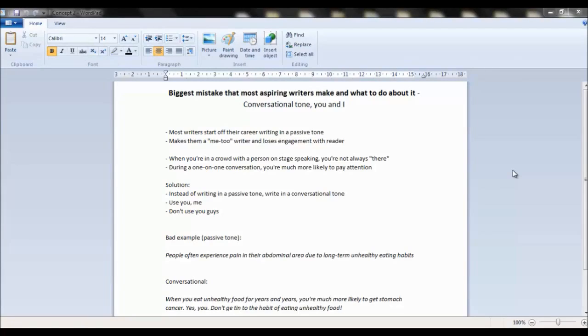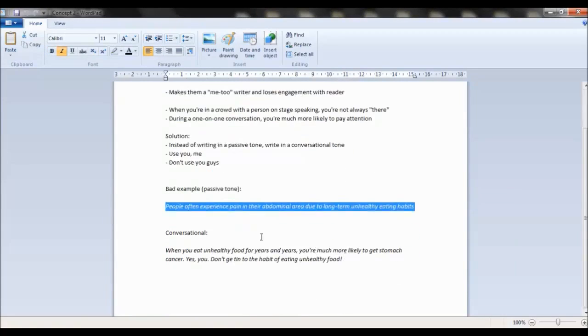Okay, so a bad example, passive tone: People often experience pain in their abdominal area due to long-term unhealthy eating habits. Your eyes kind of just glaze over, right? Now, conversational tone: When you eat unhealthy food for years and years, you're much more likely to get stomach cancer. Yes, you.